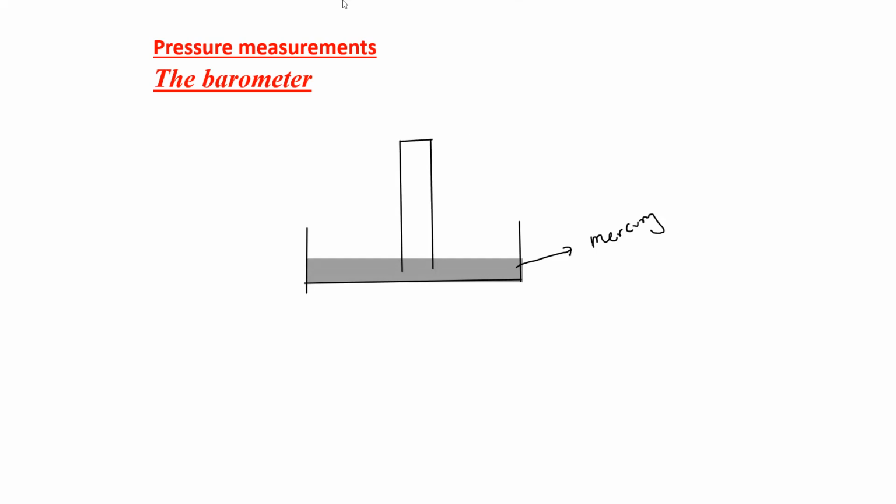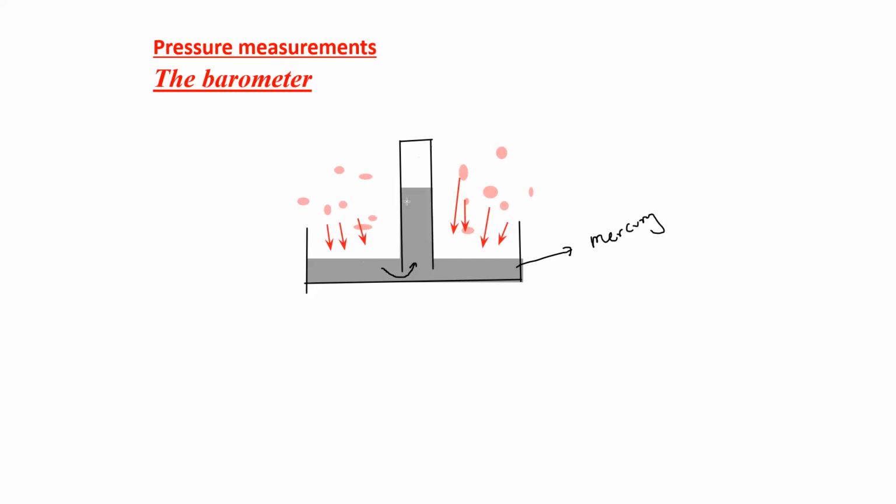So what happens? In the surroundings, we have air particles which are moving randomly. As these air particles hit the mercury surface, they push this mercury so that the mercury will rise in the tube.